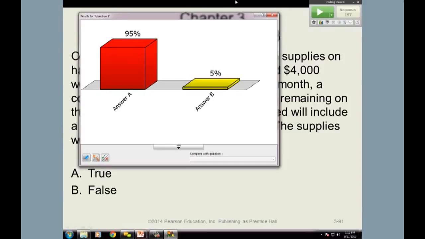The balance is 1,000. So you know that you must have used 5,000. So you used up 5. And then what would be the adjusting journal entry? In this case, you would have to debit supplies expense and then credit the office supplies.